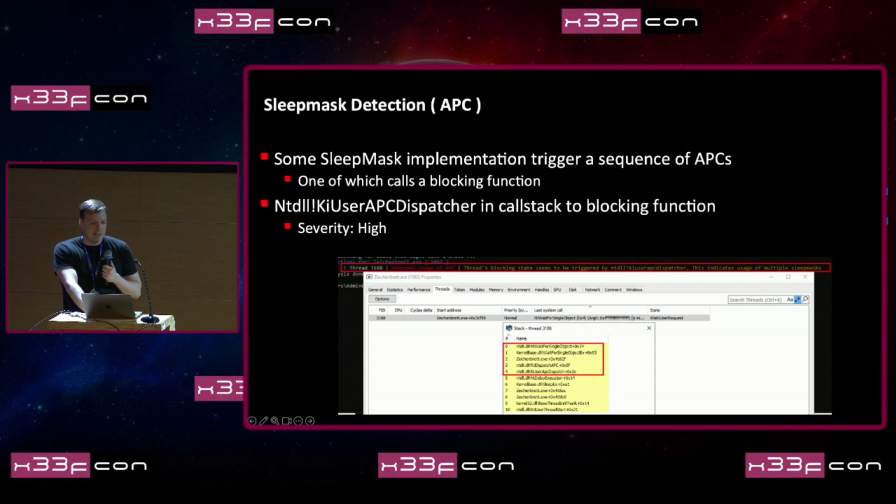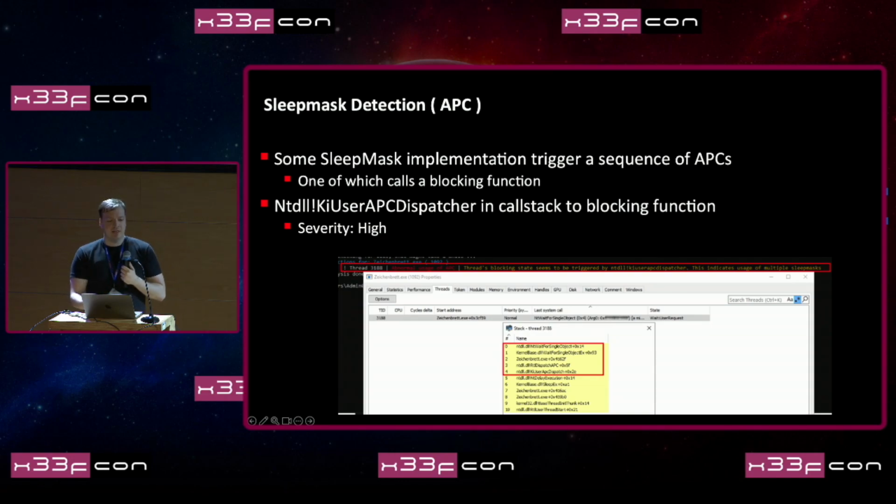Speaking about sleep masks, I'm not going to get too much into details for timing reasons. It is important, however, to understand that APC-based sleep masks, at some point, trigger a sequence of APCs, and one of those calls a blocking function. And this is quite odd, because an APC basically tells a thread, hey, while you have nothing to do, I give you another task.